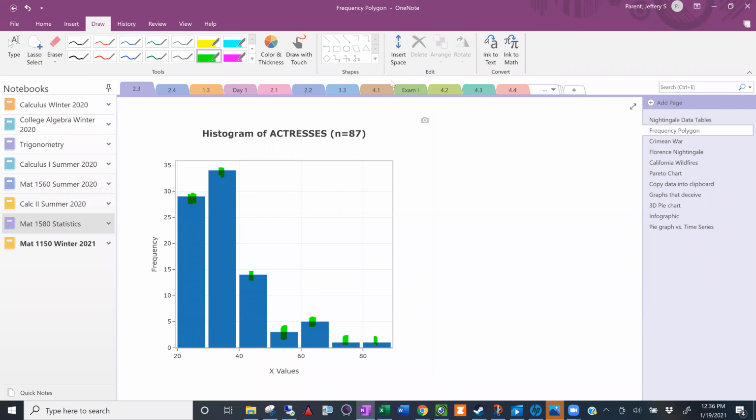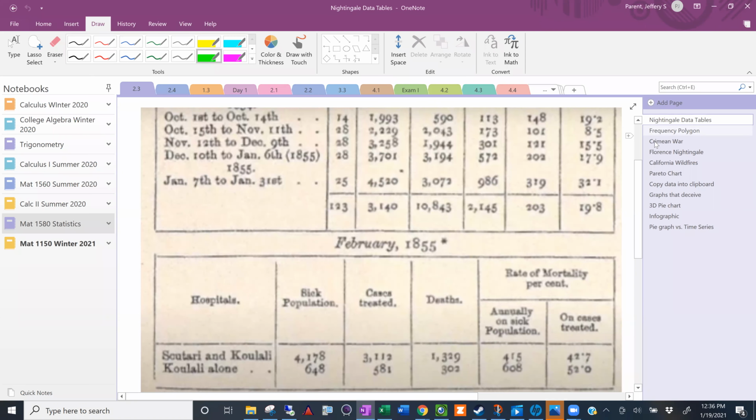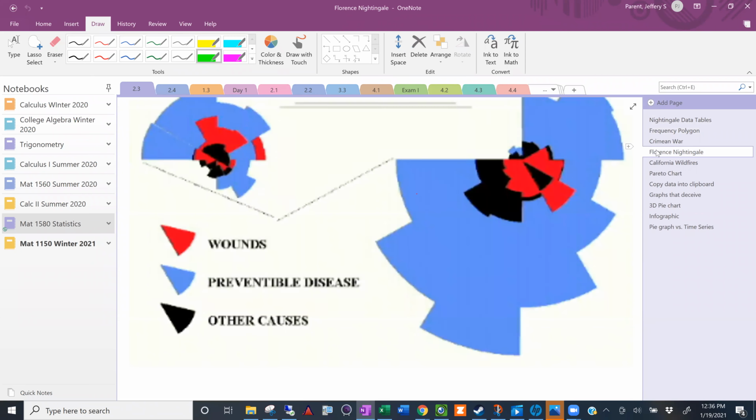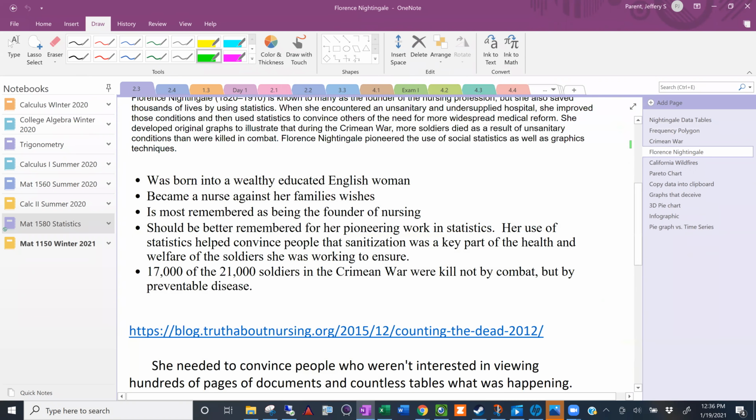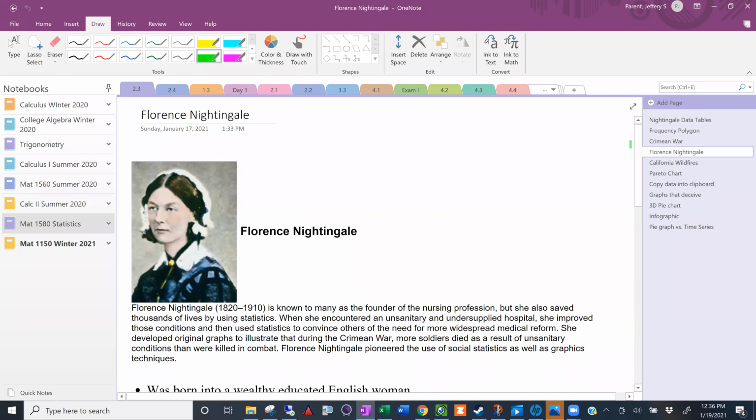Now, if you want to dramatize this data and show it in a clearer form, that's great. Let's go back to the example that started out this lecture, these data tables. They were the product of Florence Nightingale, who is probably best remembered as a nursing pioneer. Even though she came from a wealthy English family, she insisted on becoming a nurse against her family's wishes.